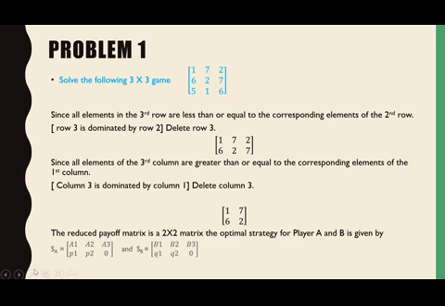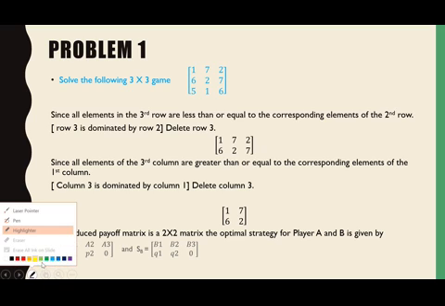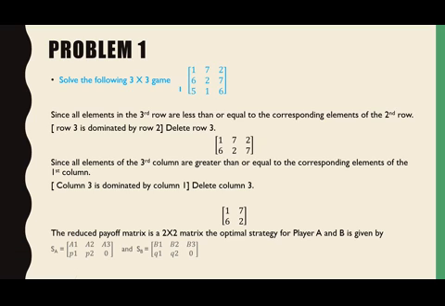So I can just eliminate or delete this third row because it is dominated. Okay. So I am left out with 1, 7, 2 and 6, 2, 7. Now when you compare the third column with the first column.